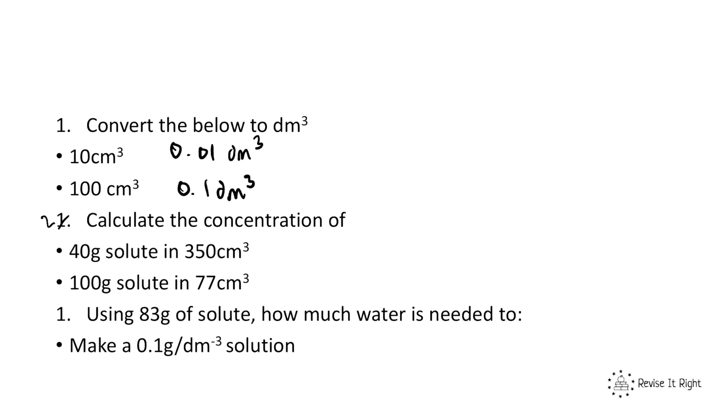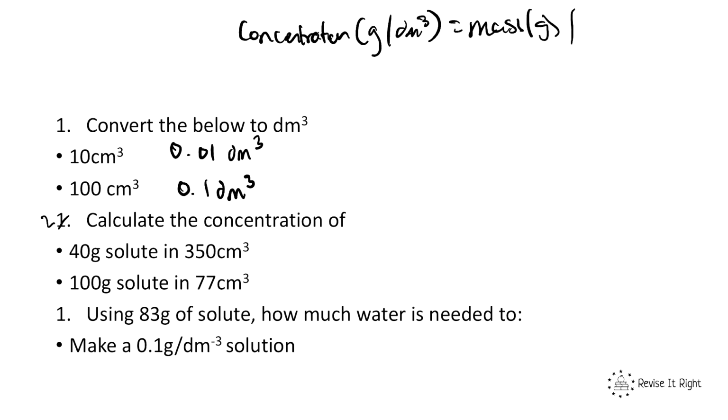Okay, so question 2 is about calculating the concentration. So let's get our equation. Concentration, in grams per decimeters cubed, is equal to mass in grams divided by volume in decimeters cubed. So question A, 40 grams of solute in 350 centimeters cubed.